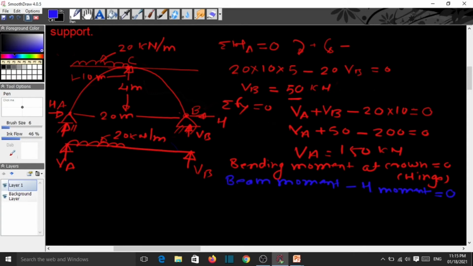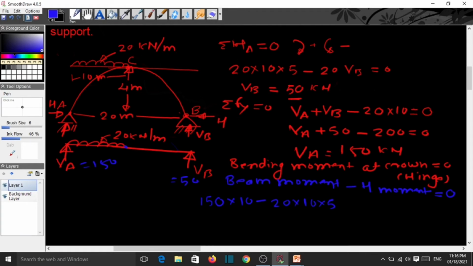So the beam moment is VA equal to 150 and VB equal to 50. From the left side, we are taking the bending moment at the center. So VA creates the sagging bending moment: 150 into 10. Then this UDL creates the hogging bending moment, so minus 20 into 10 into 5.